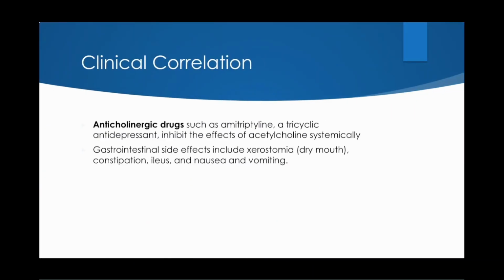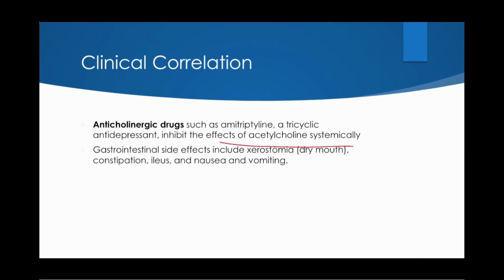When you start learning about drugs that you can give patients, an anticholinergic drug is going to prevent acetylcholine from having its effect. One of them is amitriptyline, a tricyclic antidepressant, or TCA, if you've ever heard of that. They inhibit the effect of acetylcholine systemically.